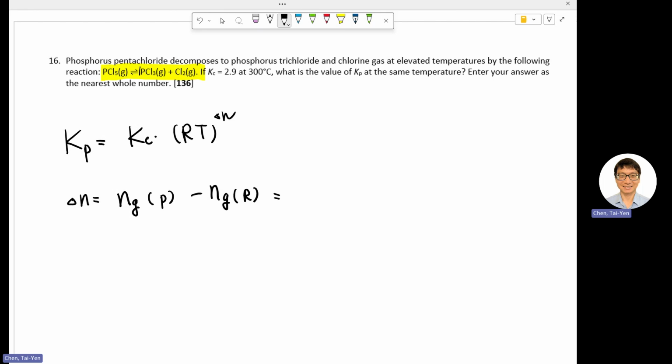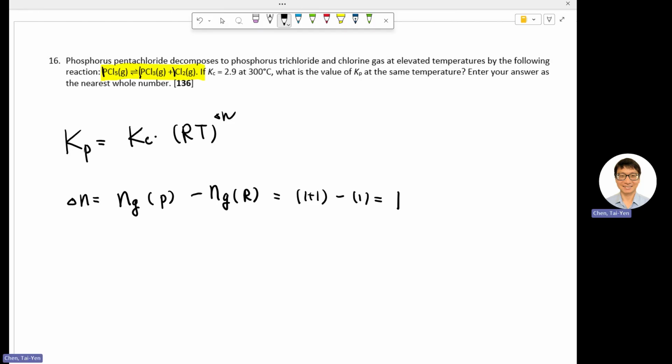Your product has 1 plus 1 moles of gas. For your reactant, you only have 1. Therefore, delta N equals 1. All right. Is everybody familiar with this concept now? Can you calculate this one correctly?